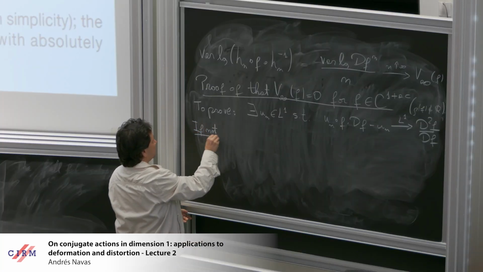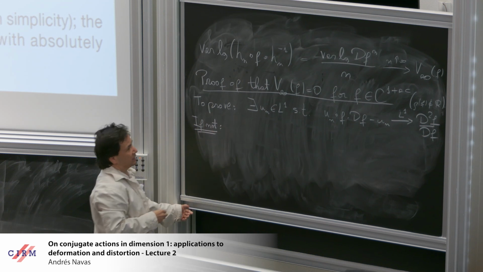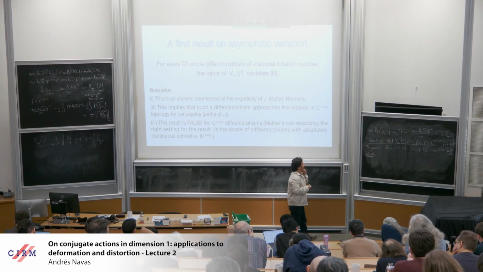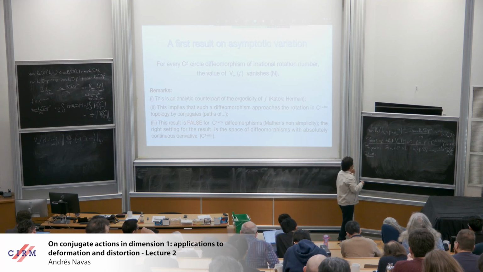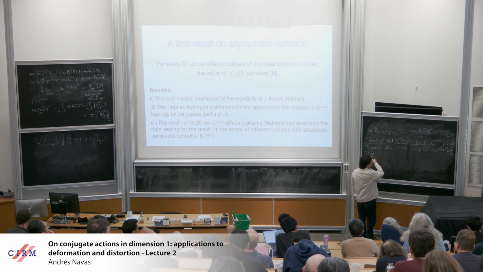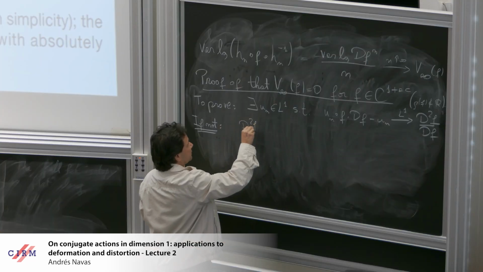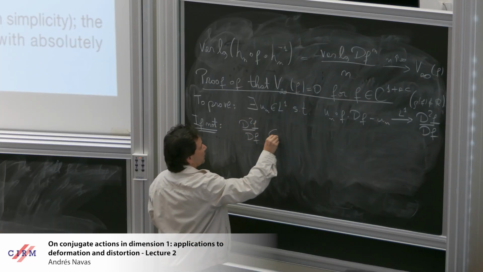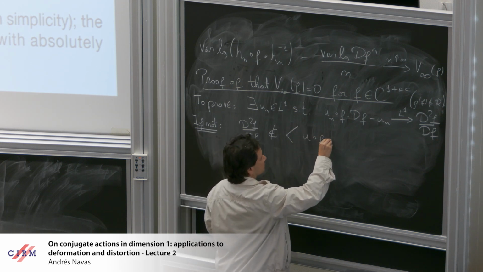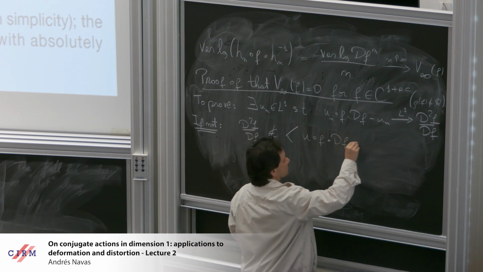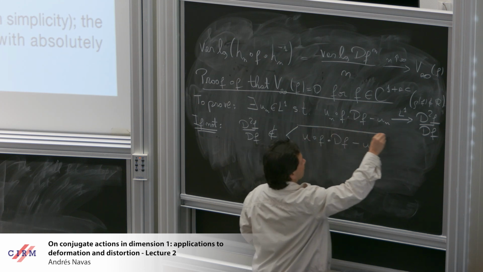So, if not, then there is this magic Hahn-Banach theorem that says that, well, the first thing, saying that this is not true means that the affine derivative of f doesn't belong to the closure of the space of coboundaries. The closure in L1.